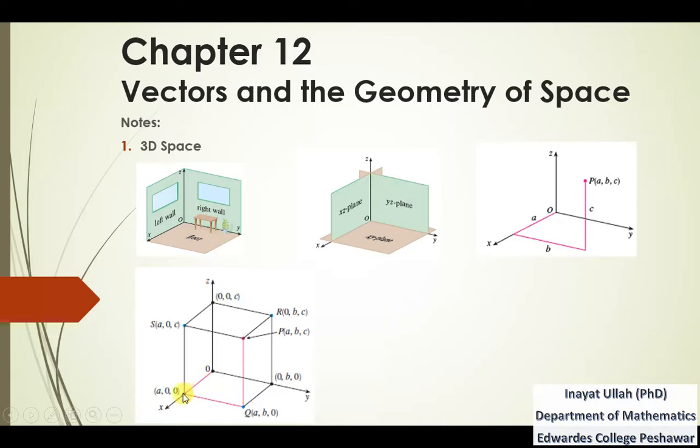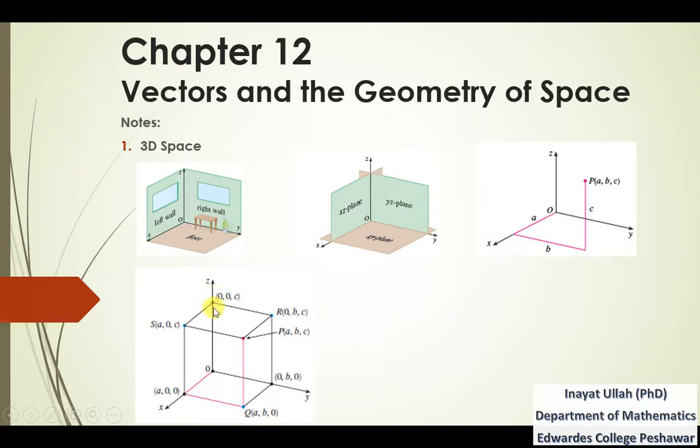So on x-axis this is distance a, and if we write a in ordered triple form, x will be equal to a, y is 0 and z is 0, because on x-axis x will be equal to a and y and z both are 0. Similarly, on y-axis we are taking this b distance, so on y-axis x is 0, y is b and z is 0.